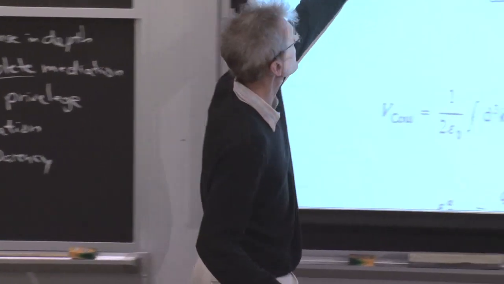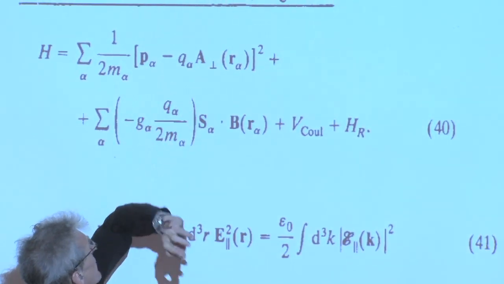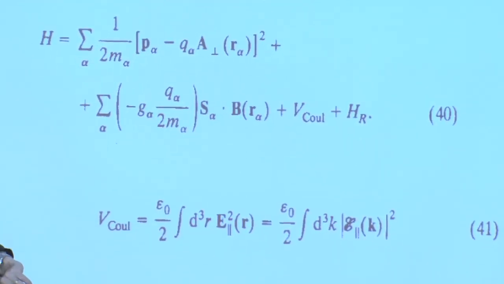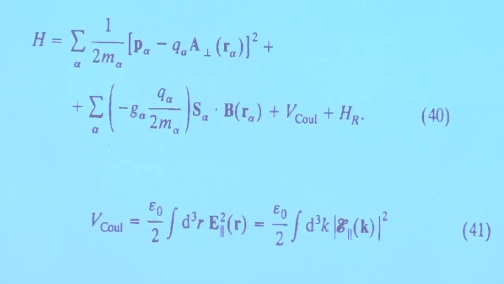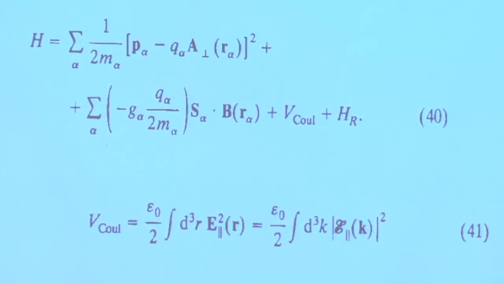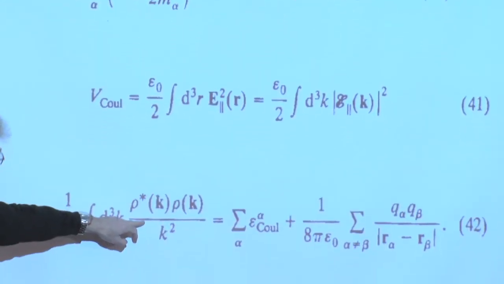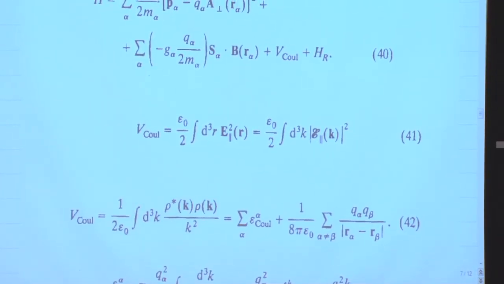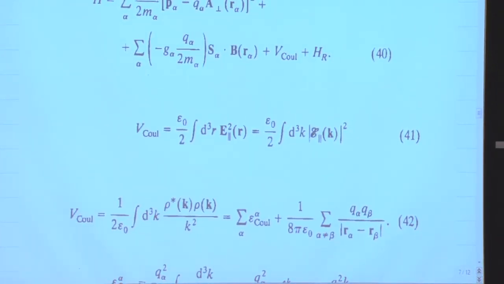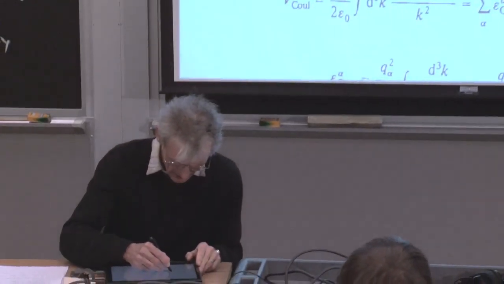This Hamiltonian has this kinetic energy, the canonical momentum minus the vector potential, which is the mechanical velocity. And we have separated the energy of the electromagnetic field into the Coulomb energy, which is written again here, and the radiation field. There is now one more term which we need later on, which is this one here.